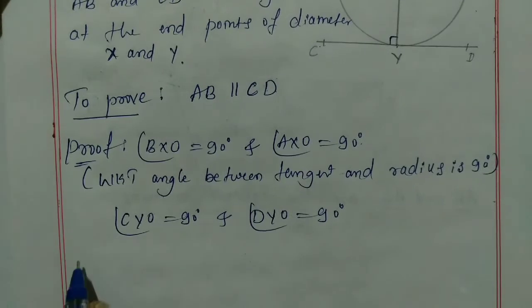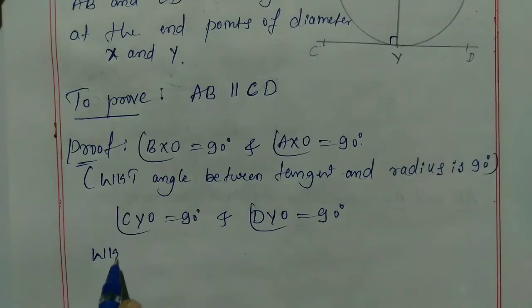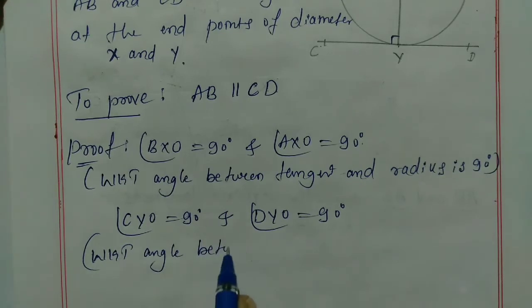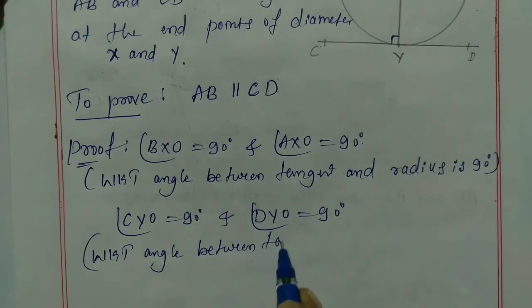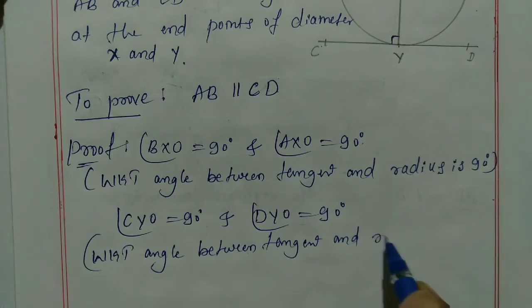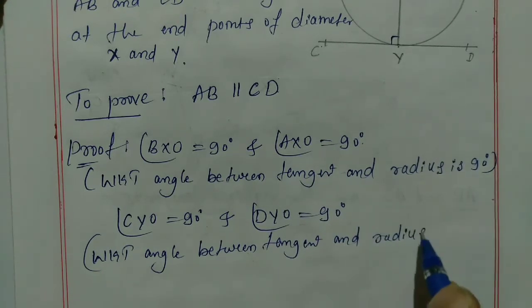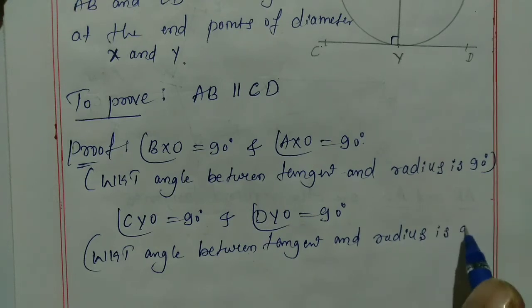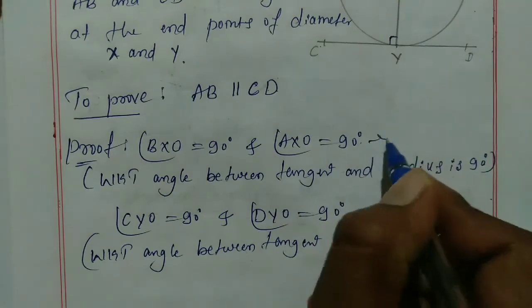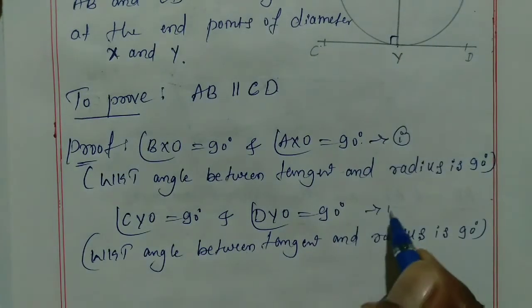So I will write here: we know that the angle between tangent and radius is 90 degrees. You can call these equation 1 and equation 2.